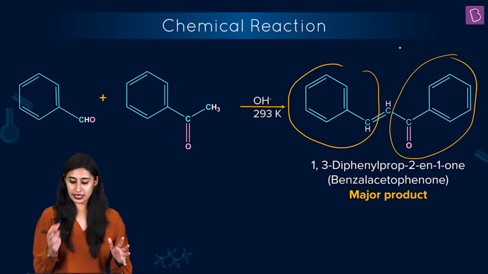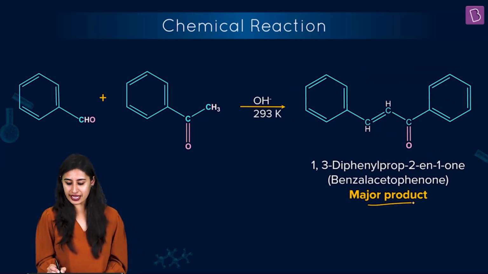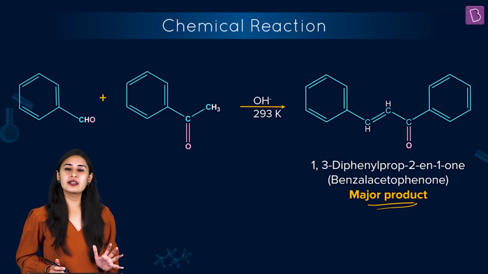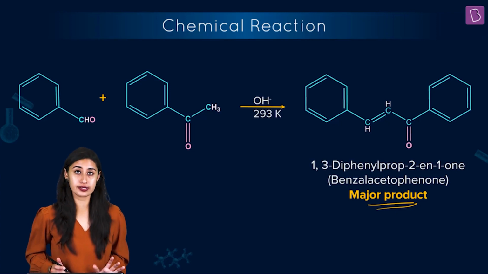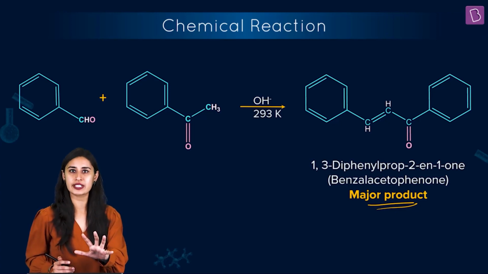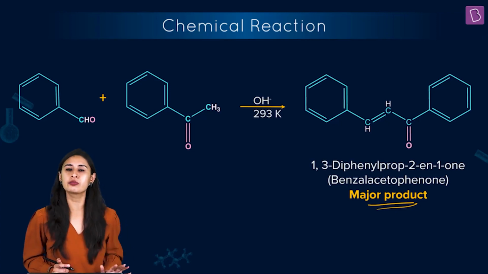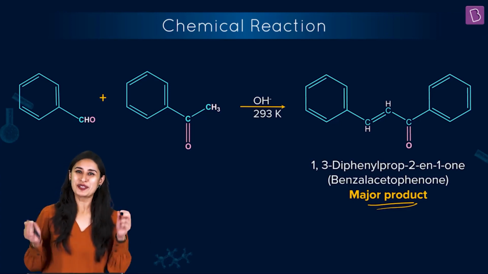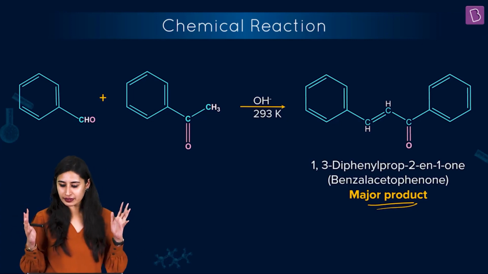Okay? So please check, this is the major compound. Why is it? The mechanism will tell the right answer. So be with me. Let me show you how it is happening. The mechanism should be crystal clear, because that can also be asked. So with the question, let's clarify the mechanism.